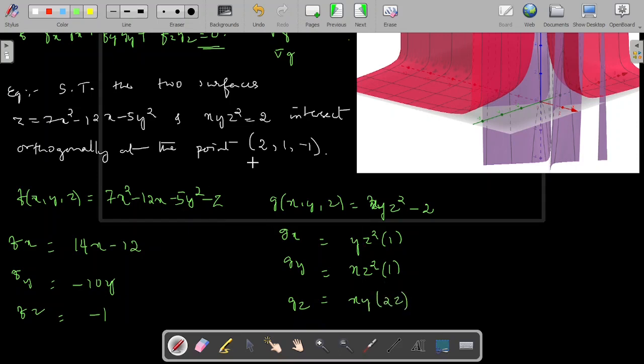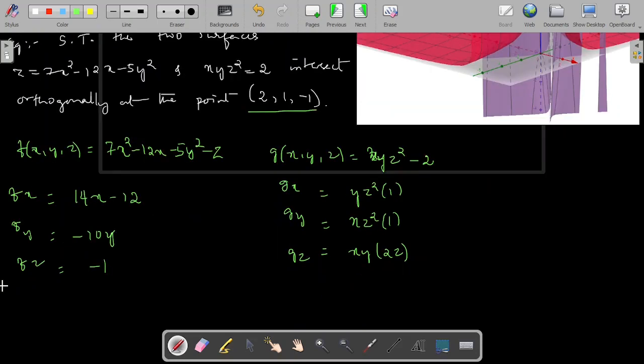Now we need at the point 2 comma 1 comma minus 1. We need to find out all these values at the point 2, 1, minus 1. Put x equal to 2, y equal to 1, z equal to minus 1. So when you put x equal to 2 here, 28 minus 12, that is equal to 16.